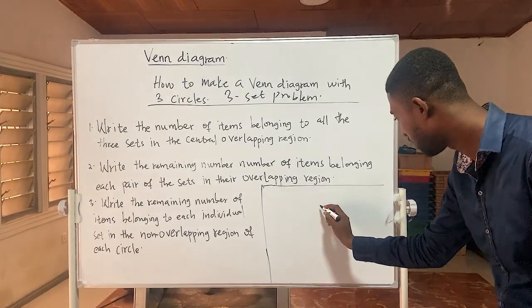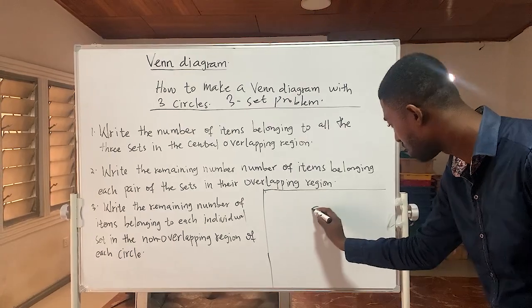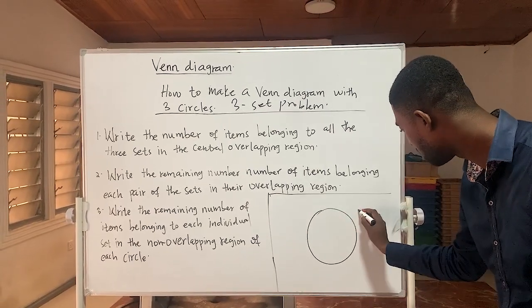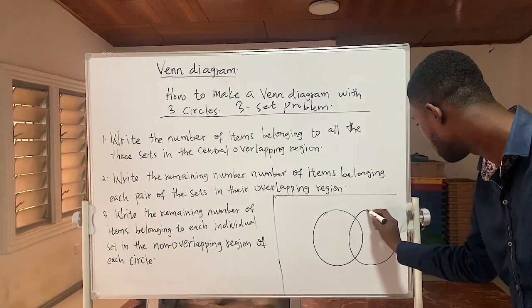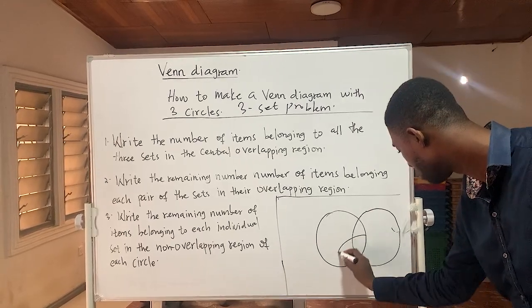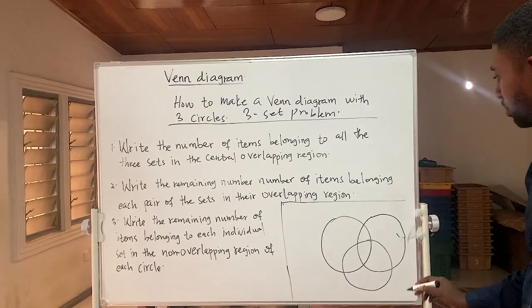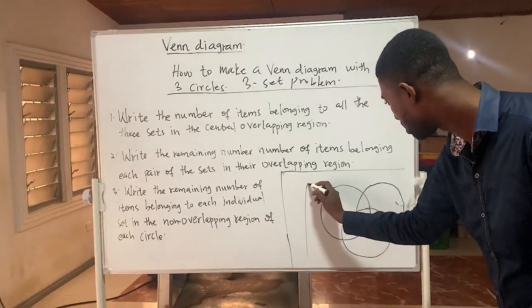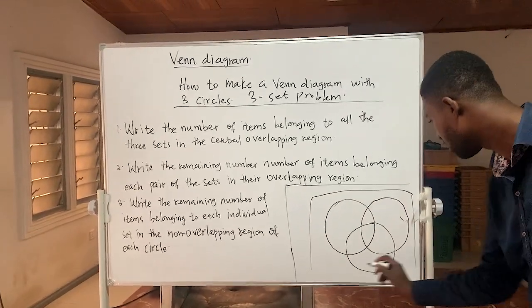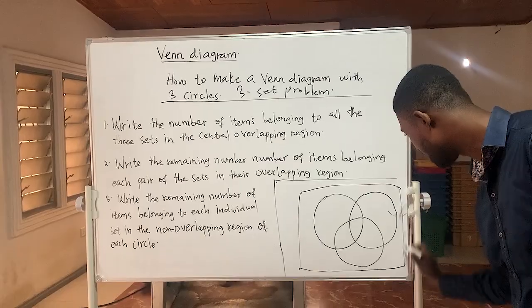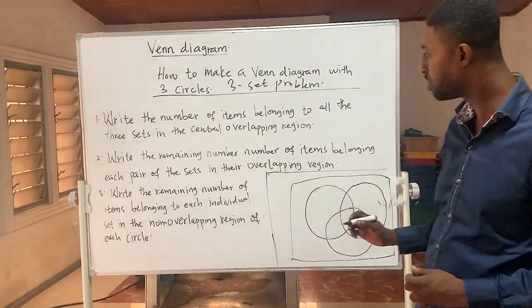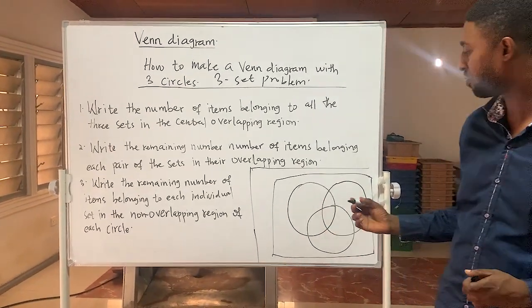So for a three-set problem, we are going to have three circles. So 1, 2, 3. Then you have what? A box around the circles.